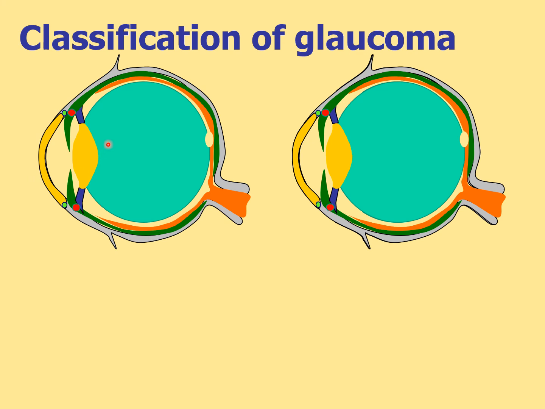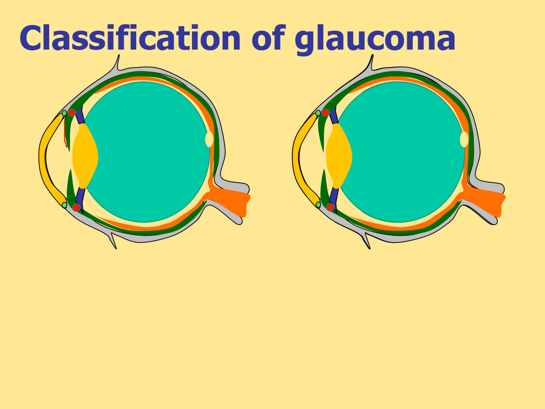At the end, just a starter for the next 2 lectures, which is classification of the glaucoma. Remember glaucoma, high intraocular pressure, disc cupping, and optic nerve fiber damage. Now whether the glaucoma is open angle or closed angle, that depends on the angle. Look at the angle here.